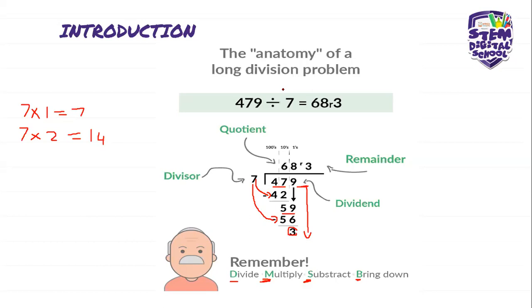And you must remember that if your remainder is more than your divisor, there's something wrong. So please note, guys: if you find that we had 8 here and our divisor is 7, something is not going right.